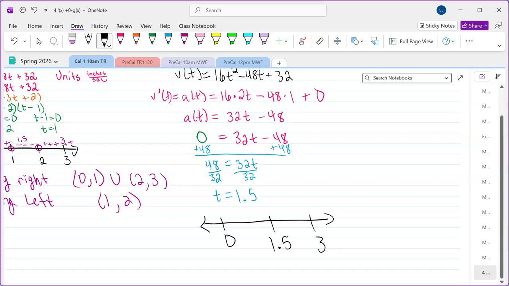All right, so if I plug in 0 into my acceleration function, I get 32 times 0 minus 48, so I get a negative number. So everything before 1.5 is negative, and then everything after 1.5 is going to be positive.